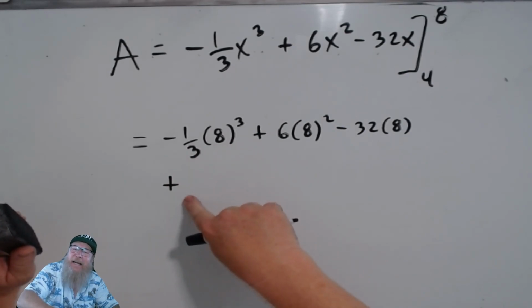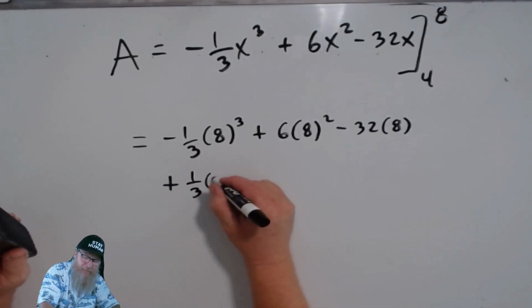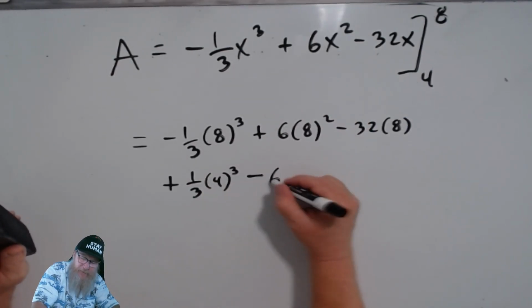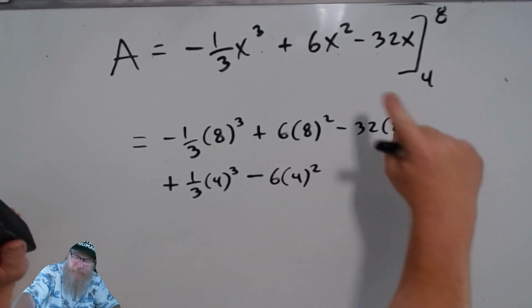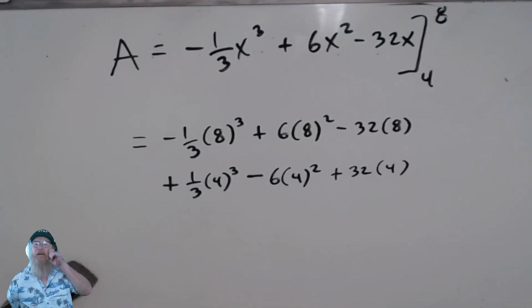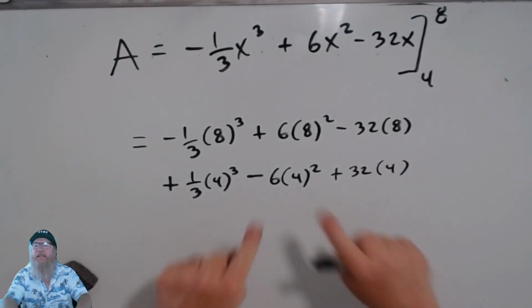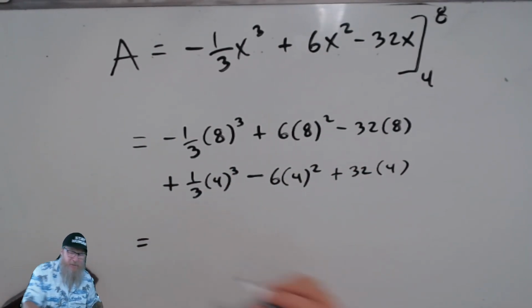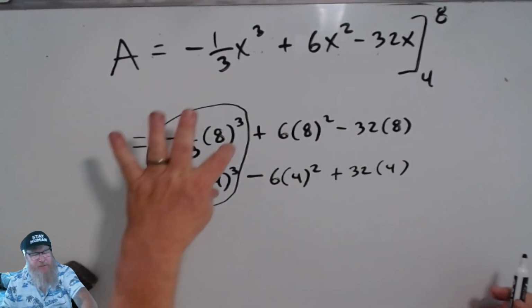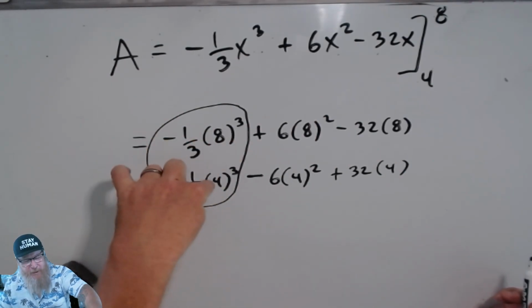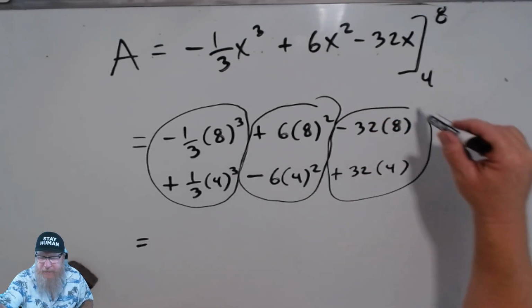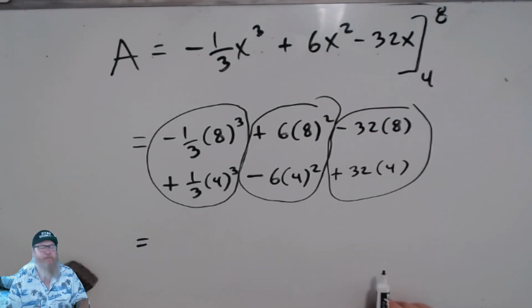Subtracting a negative is the same as adding. Subtracting a positive is subtracting. I don't know if this makes it any easier, but it certainly saves me space. What I like about this method, and I'm advertising this method, is it puts them in powers order. So I'm doing all my cubes, then all my squareds, and then all my linear factors last.